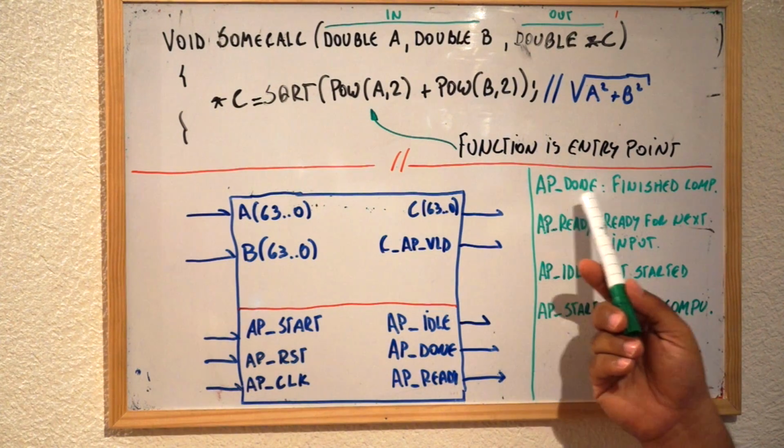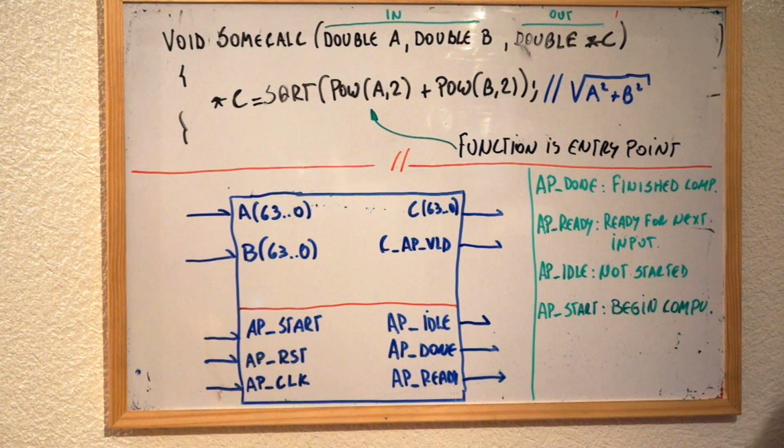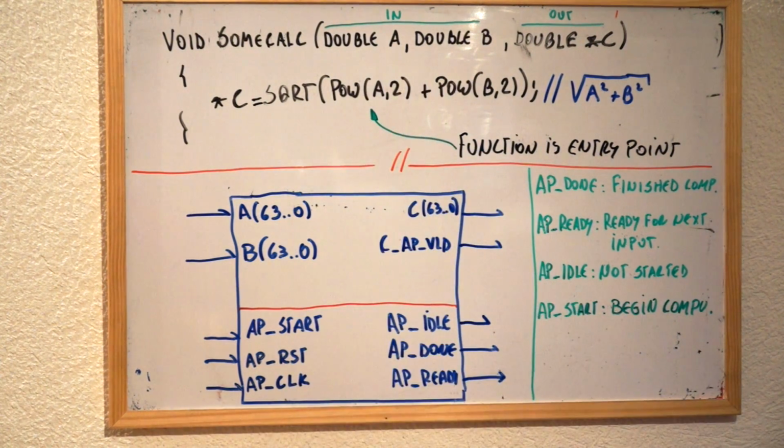And ap_done just indicates that the computation has finished. In the next videos we're also going to see that if you use a parameter as an array, this is going to instantiate a memory interface or a FIFO interface. But for this first video, let's keep things simple, go to the basics and learn the concepts, okay?